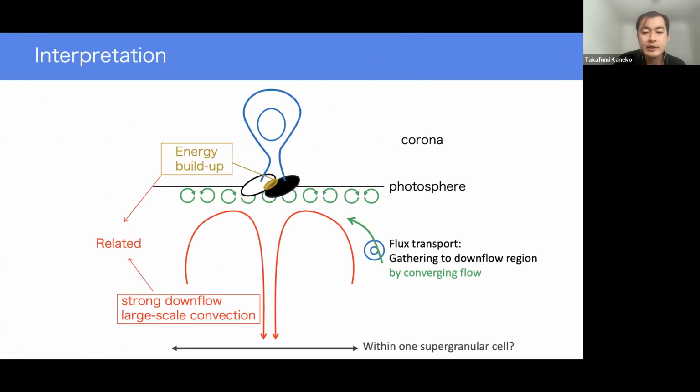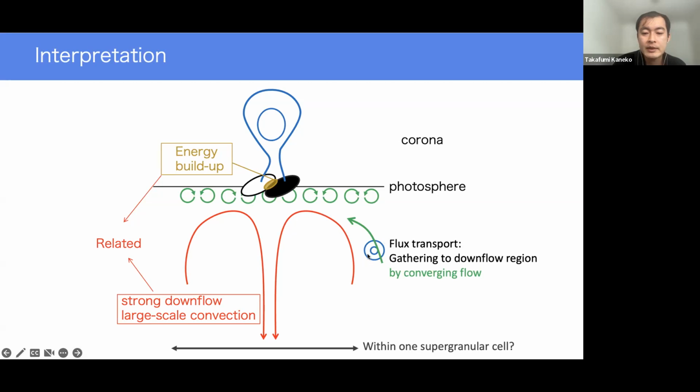Then the interpretation is that, in our model, there is a downflow inside the simulation box from the initial state. We distributed the flux lobe everywhere in this area, but downflow always follows the converging motion due to the mass conservation.